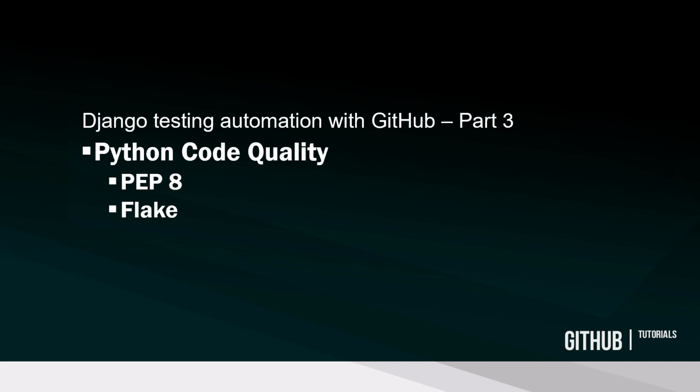So code quality generally refers to a number of different things, but generally good code quality is considered to be well tested. It follows maybe consistent styling. So this is why I'm introducing, for example, PEP 8 in this case. It needs to be understandable.